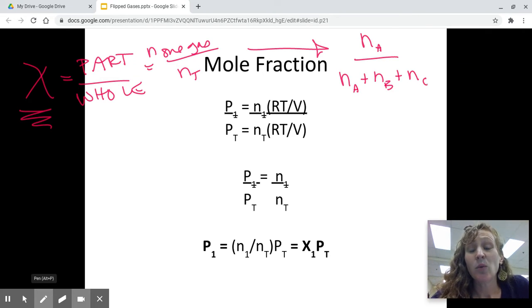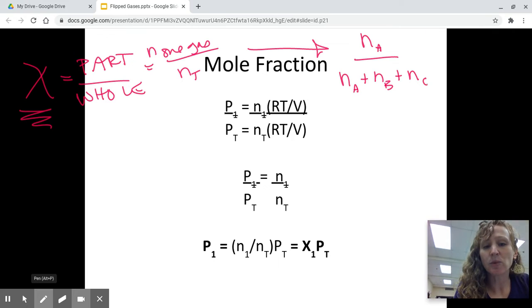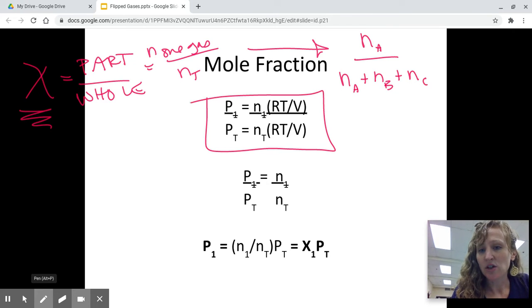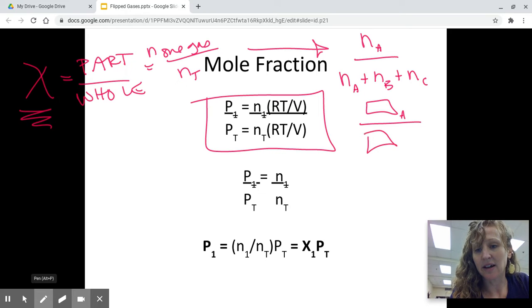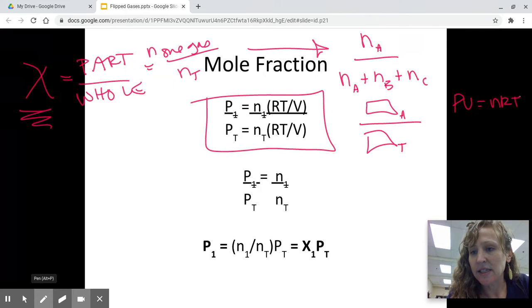So when we apply mole fraction to the ideal gas law, notice we have that written right here. So basically, we have the ideal gas law for one thing over the ideal gas law for all things, right? So that looks like PV equals nRT for one specific gas.